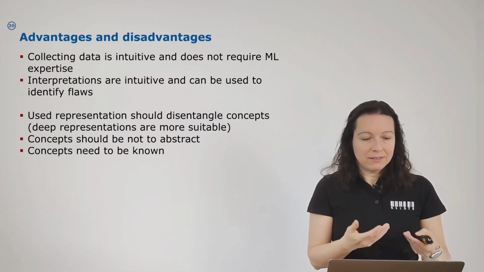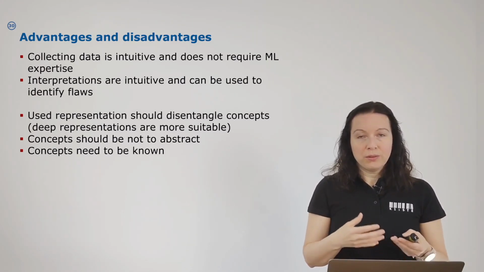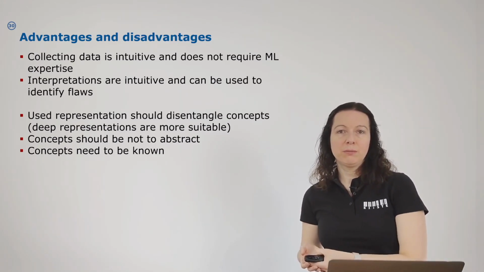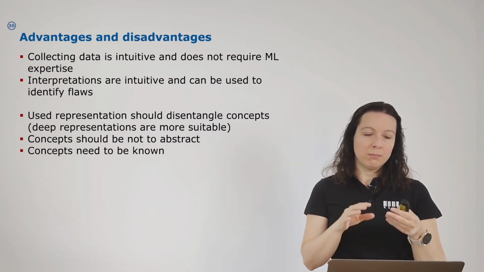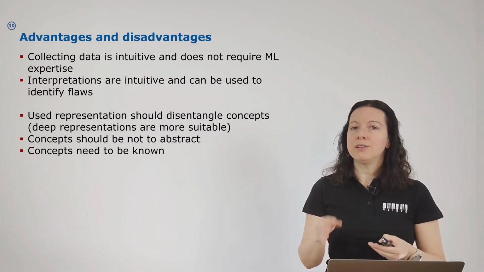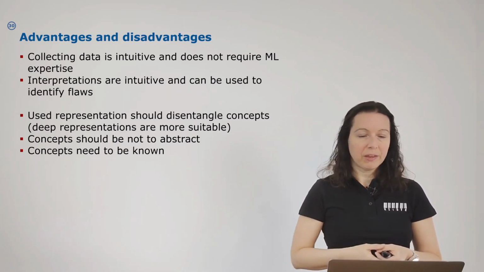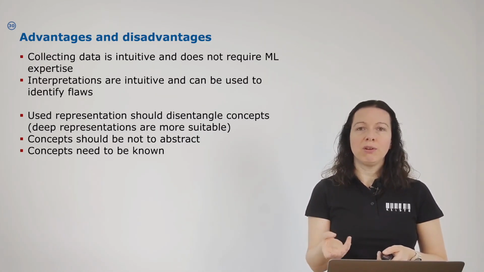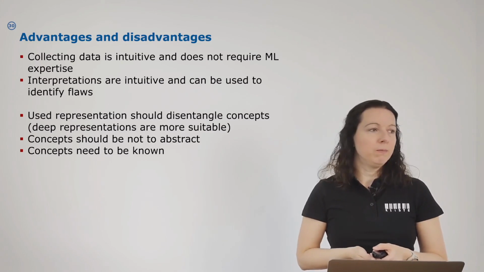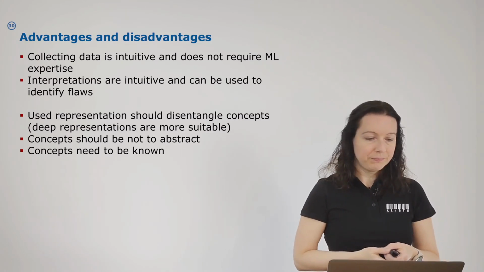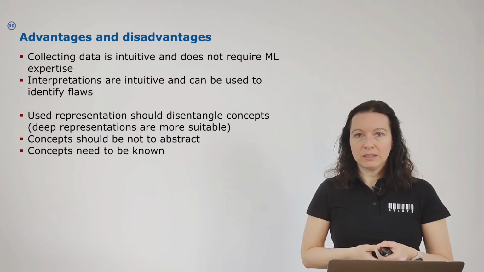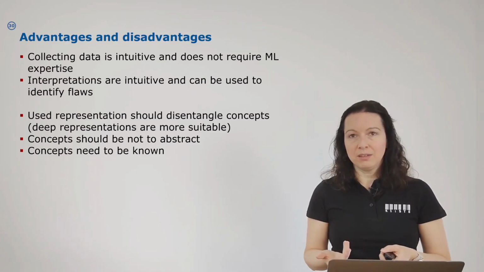It's already well known that deep representations are more suitable for this, but of course be careful. If the method does not work, try to use a different representation. And also for some network architectures, it might not be so straightforward because you might not have a bottleneck representation. And also the concepts should not be too abstract. This is one thing, and concepts need to be known.